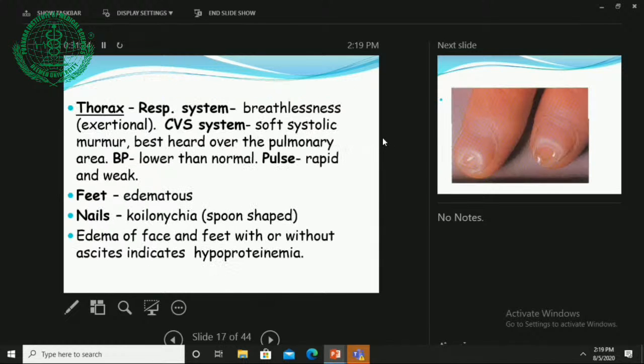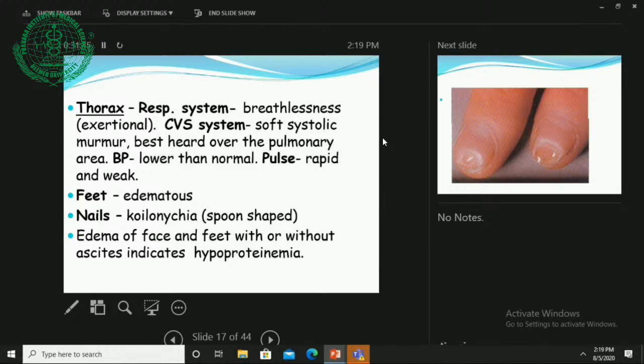In the respiratory system, he may complain of breathlessness. In the CVS, he may have soft systolic murmurs best heard over the pulmonary area. If you record his BP, it might be lower than normal. Pulse is rapid and weak, and feet are edematous.